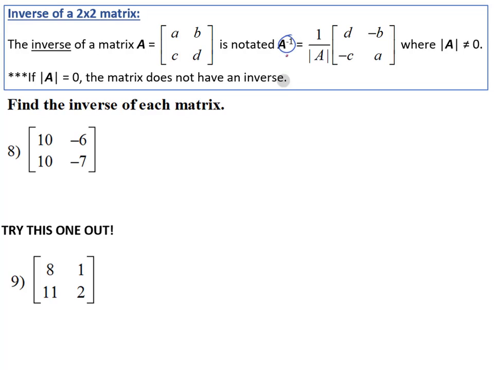It's very similar. The inverse of matrix A is 1 over the determinant of A. So remember, this means determinant, not absolute value. So we need to find the determinant of our first matrix. That value goes in the bottom of our fraction, and then that becomes a scalar multiplier, 1 over that value.